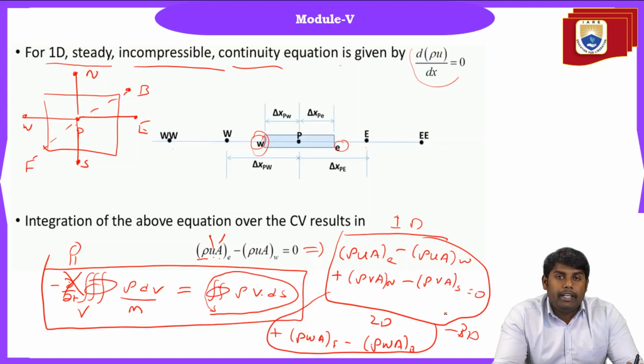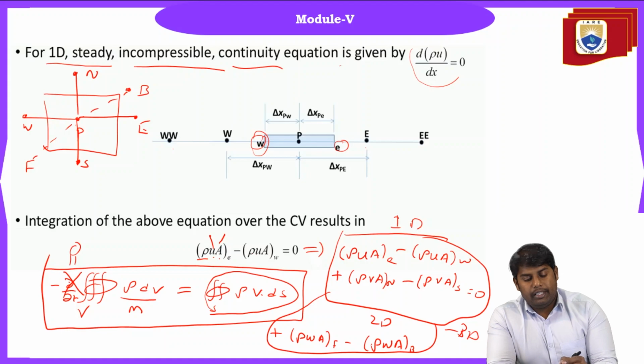So we have 1D, which is rho u A_e and rho u A_w; 2D, which is rho v A of north and south; and 3D, which adds rho w A of front minus rho w A of back. When I combine all three, it will be 3D. Here, let us see what is happening in the differential or full form of the equation.